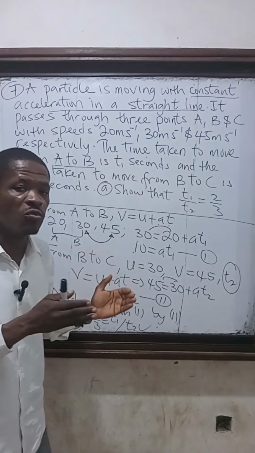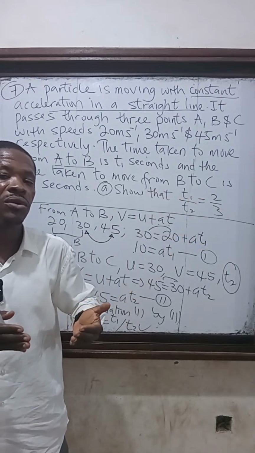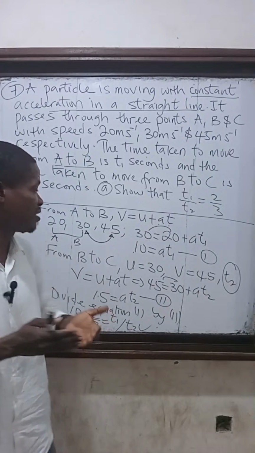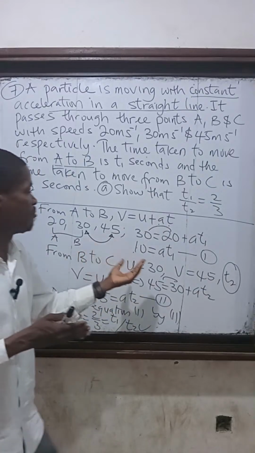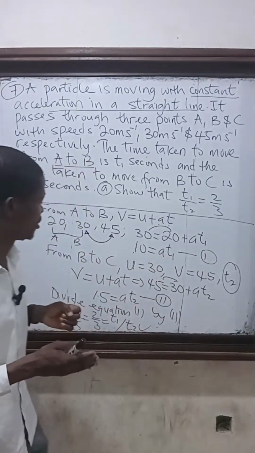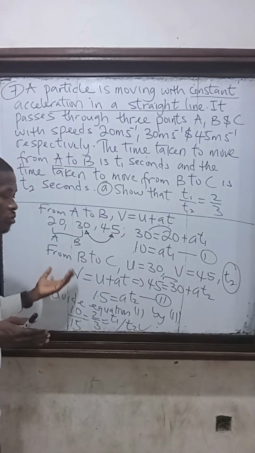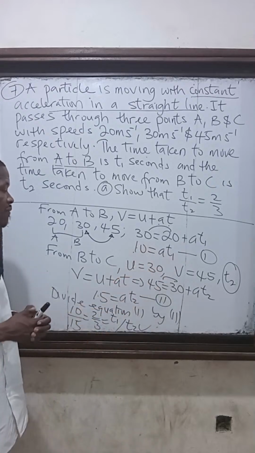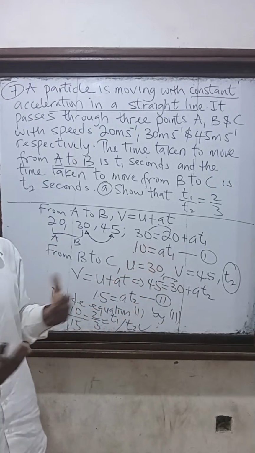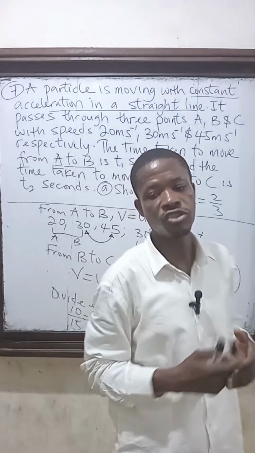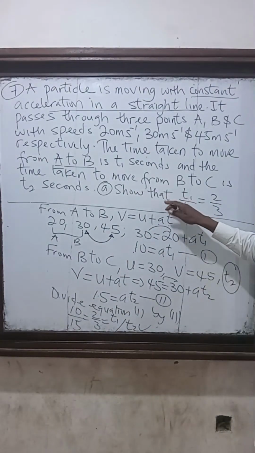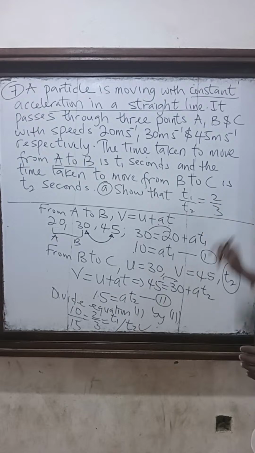So we make the movement from A to B, get the initial velocity and the final velocity, which we have done here, and make the acceleration the subject. From B to C, your U will be 30, your V will be 45. Do the same thing, and divide equation 1 by 2. You get the required equation. We are told to show that T1 over T2 is this.